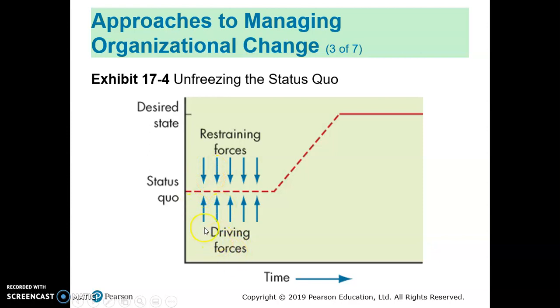Driving forces push the change in order to go to the desirable state. If the driving forces are stronger, they can beat the restraining forces, so it can move to the desirable state. And at this stage, the change needs to be refrozen. If not, it will go back to the status quo. That's important to stabilize the change that has just been done, so that it will be sustained and permanent.